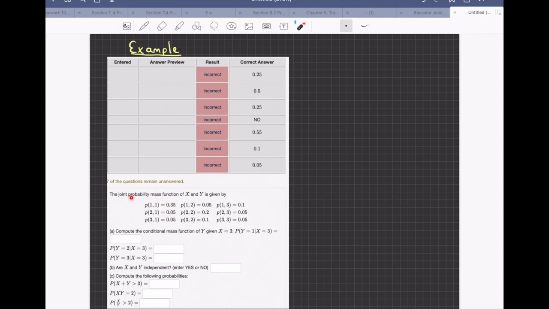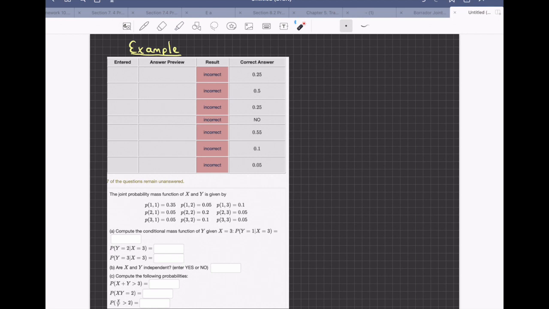It says the joint probability mass function of X and Y is given by, notice, P11 0.35, P21 0.05, P12 0.05, P13 0.1, and so on. The first value corresponds to x, and the second value corresponds to y. The probability that X equal to 1 and Y is equal to 1 at the same time is 0.35.